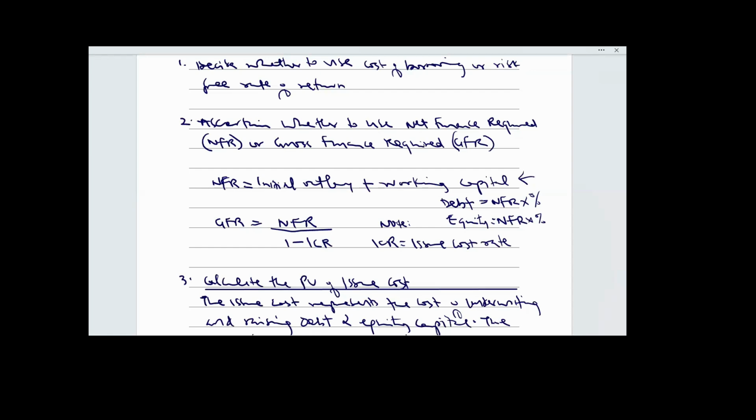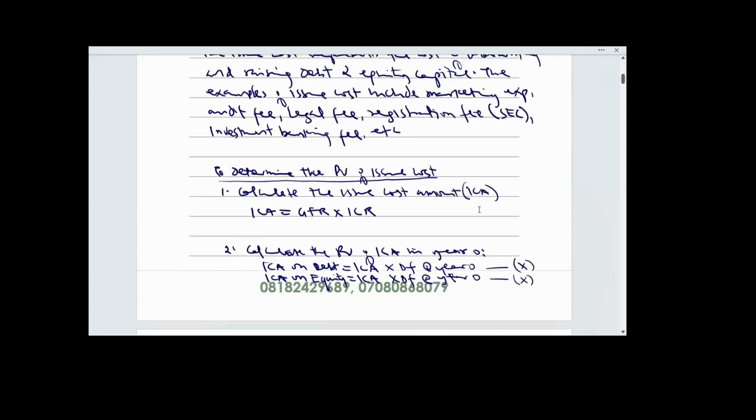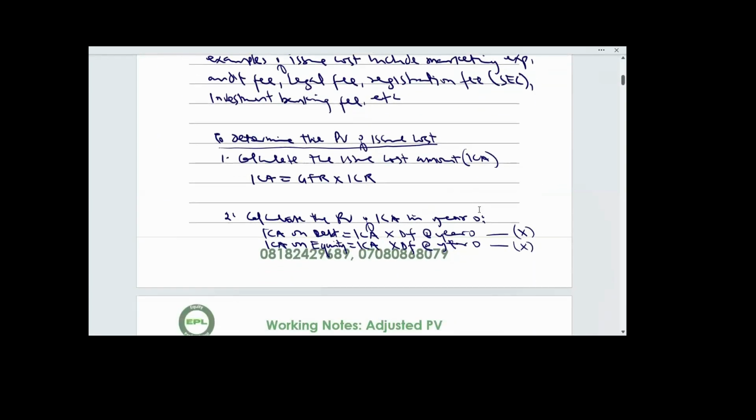Before you now determine the gross finance required on equity, gross finance required on debt. So when you are now calculating your present value of issue cost, when you get to this place, that's what you are going to be using. The gross finance required on debt, the gross finance required on equity, the issue cost amount.